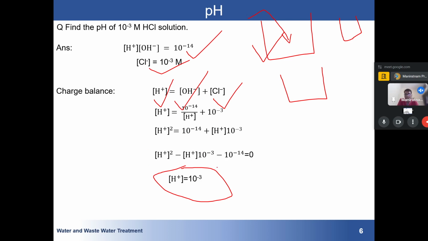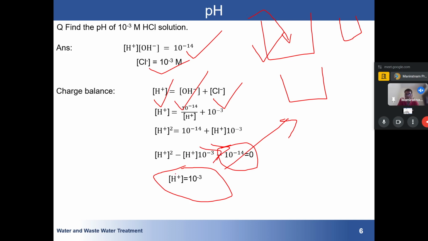Here this quantity is very low, so you can directly ignore it and you don't have to solve any quadratic equation. Since it is being compared with 10 to the power minus 3, this quantity will be much larger than 10 to the power minus 14, so that can be neglected.